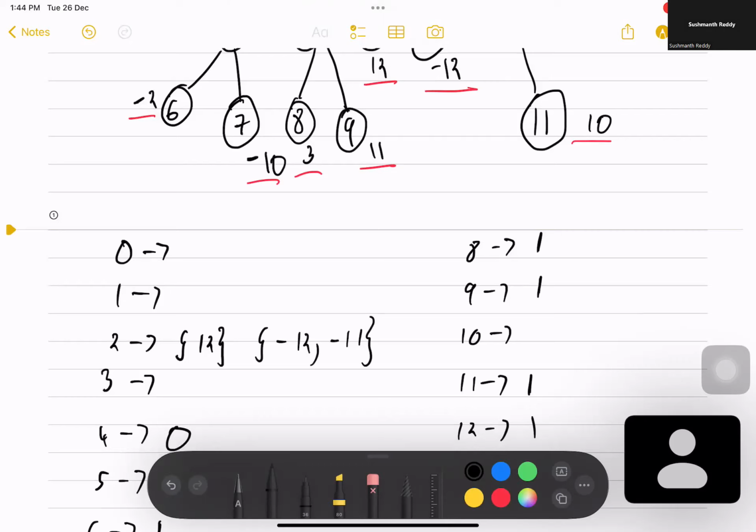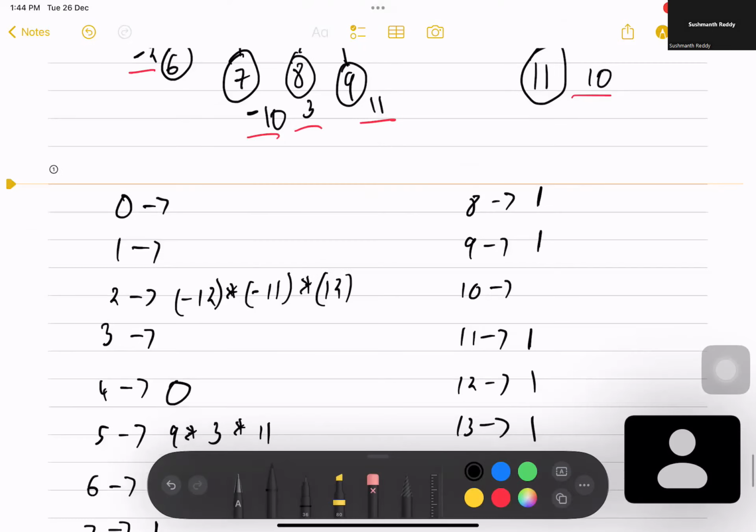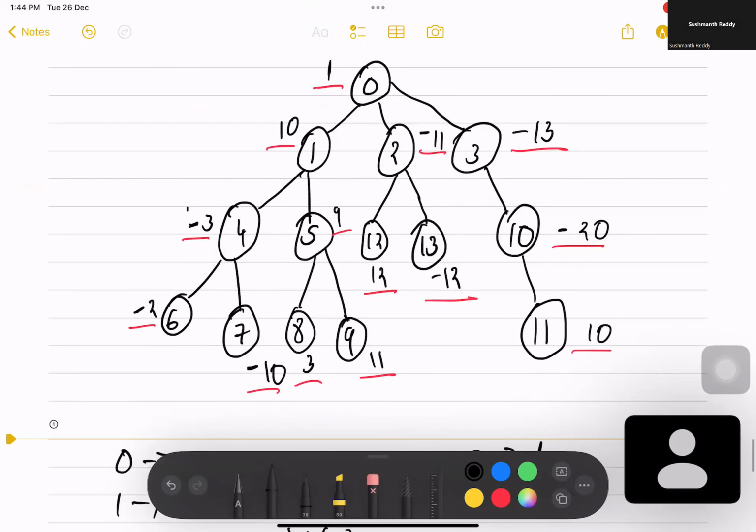So if we look over, the result would be -12 into -11 into 12, because it will give us a positive result. This would be the result of 2, because in the subtree we have only 3 nodes here.